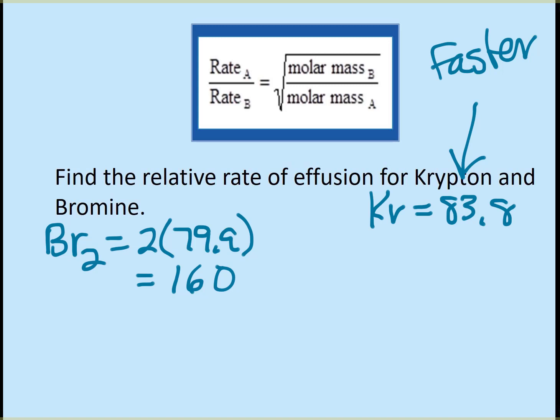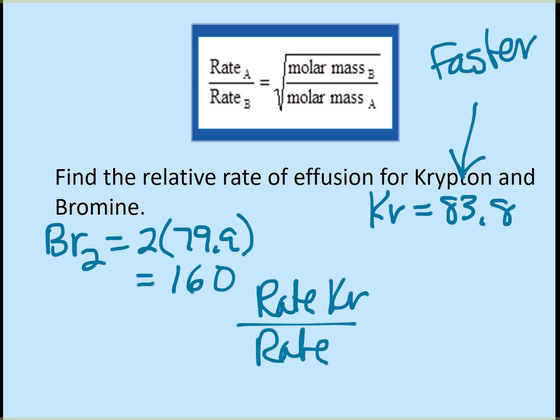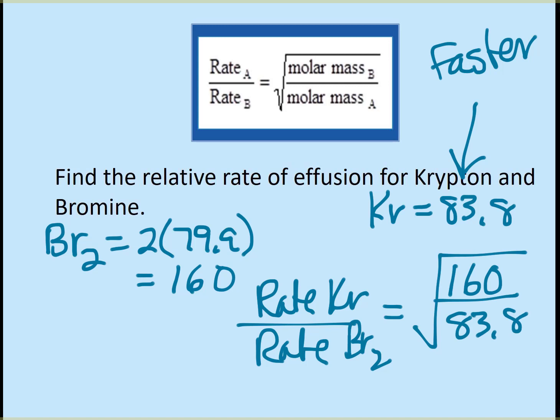So we're going to take the rate of krypton versus the rate of bromine. And we're going to take the square root of, now it's opposite. So we have B on top now and A on the bottom. So 160 versus 83.8. And we can do that math.